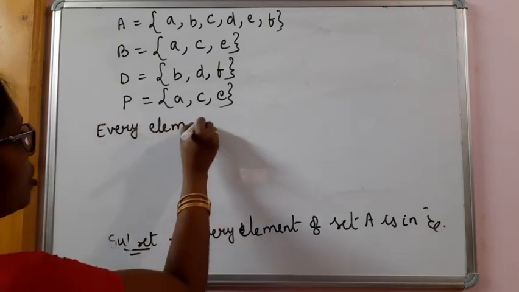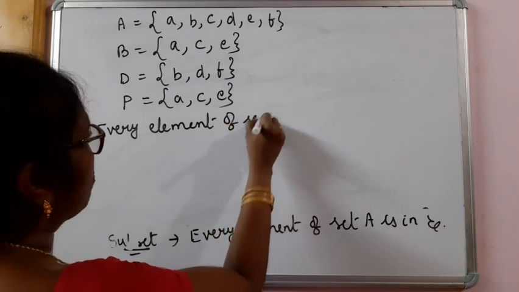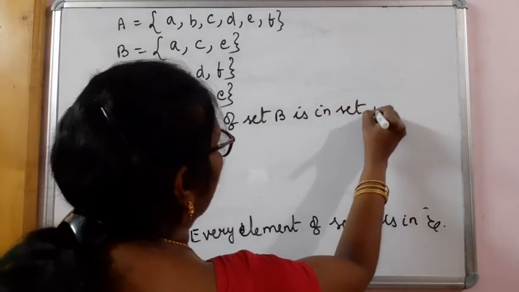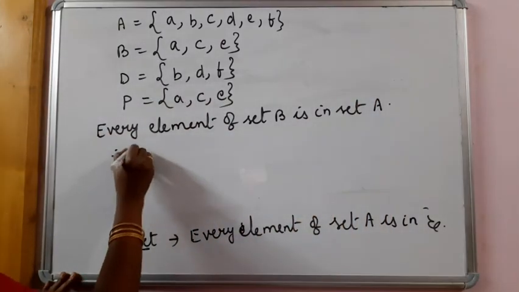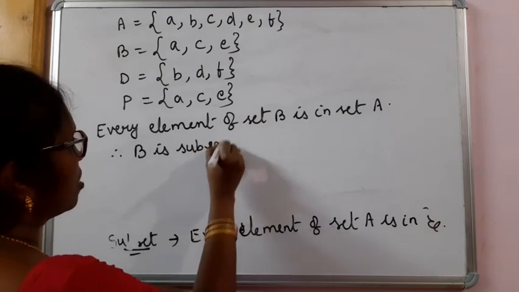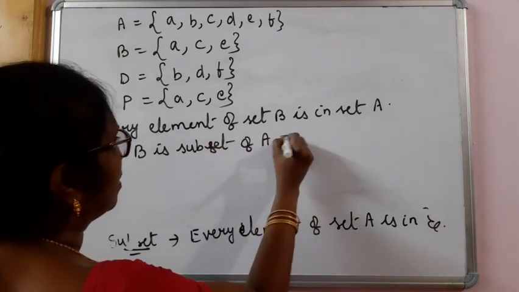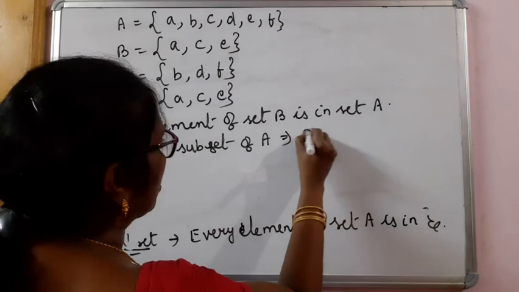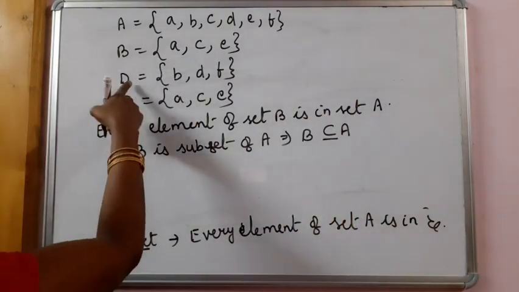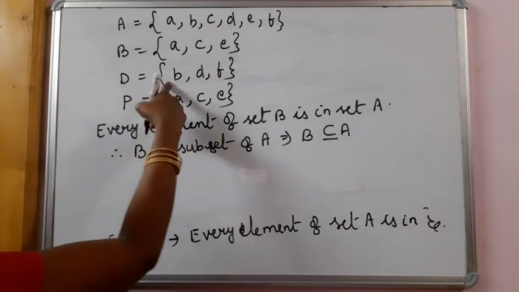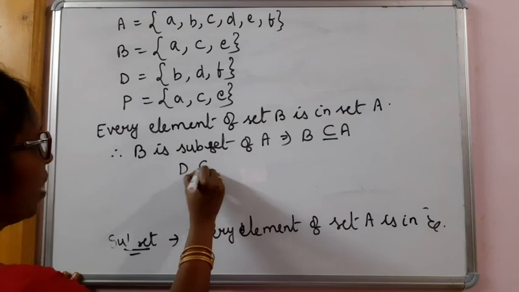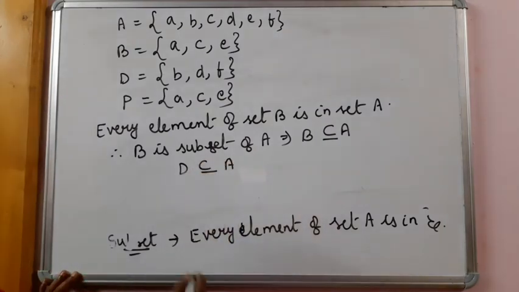Every element of set B is in set A. Therefore, B is a subset of A. Let me represent this as B is a subset of A. In the same way, every element of D, b, d, f, is also there. D is also a subset of A.